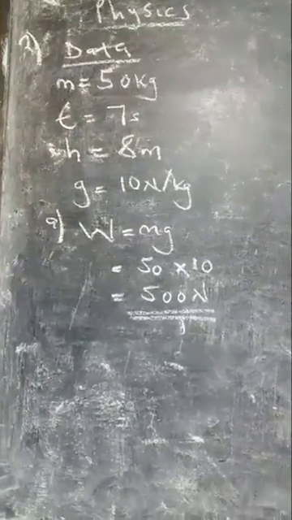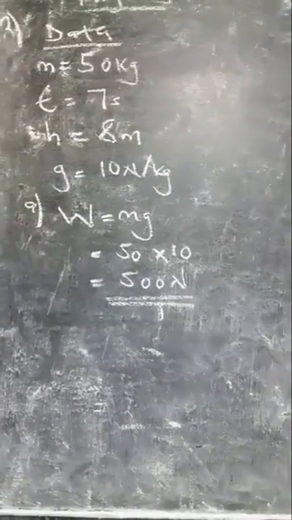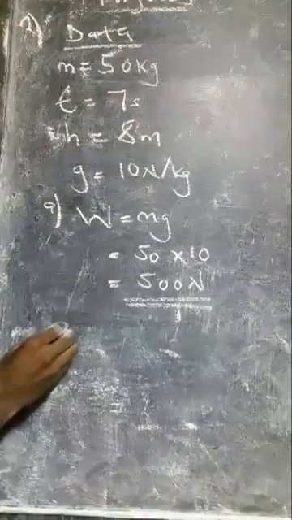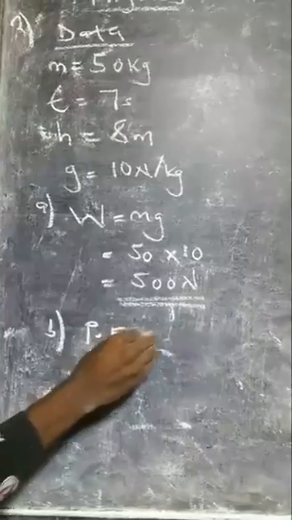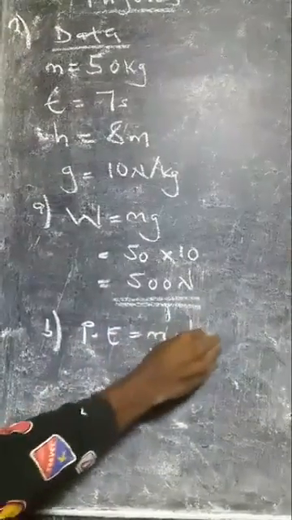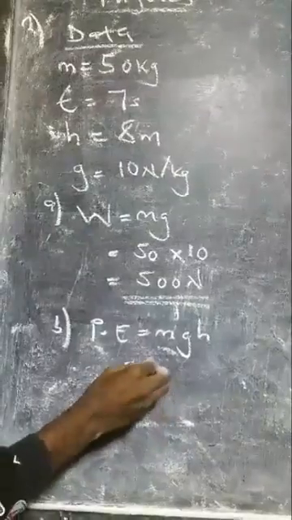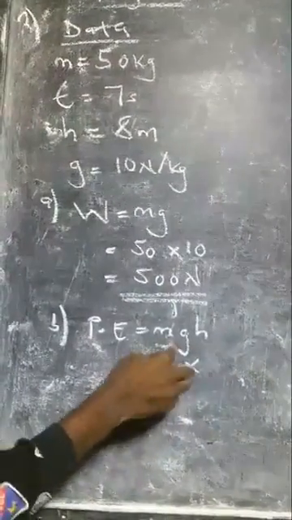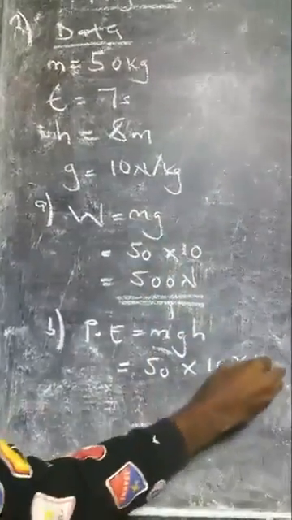Then next, the girl's potential energy. We know PE is equal to mgh. What's our mass? Our mass is 50. What's our G? Our G is 10. What's our height? Our height is 8.